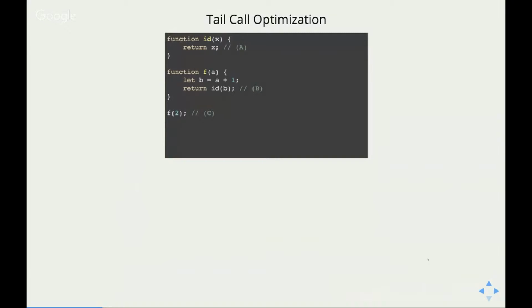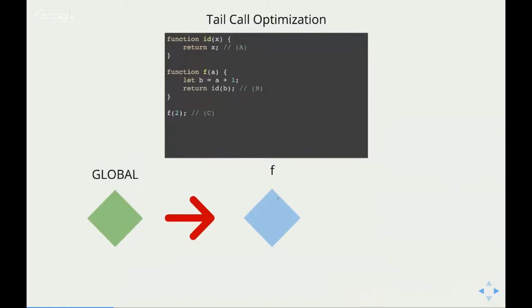If you have tail calls, we can optimize our code during execution, so it's more performant. So let's take a look at this code. This green square represents the stack frame. In the beginning of the execution of the program, let's say we're here at point C, we're in global scope, we're starting to execute function f, and to do this, the execution engine creates a so-called stack frame.